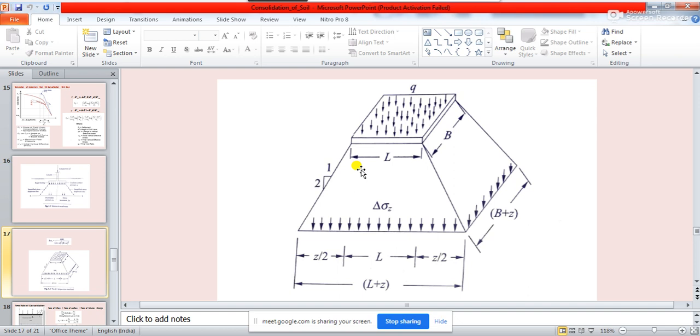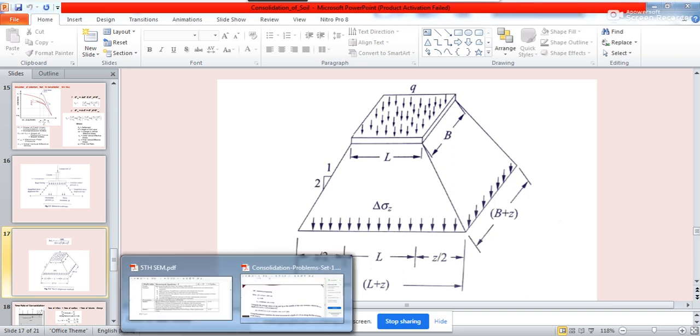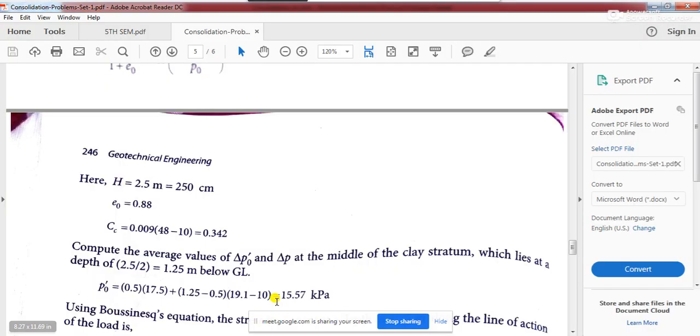So considering this concept, let us now understand how to find settlement in a clay layer through a numerical problem. This is a good problem.